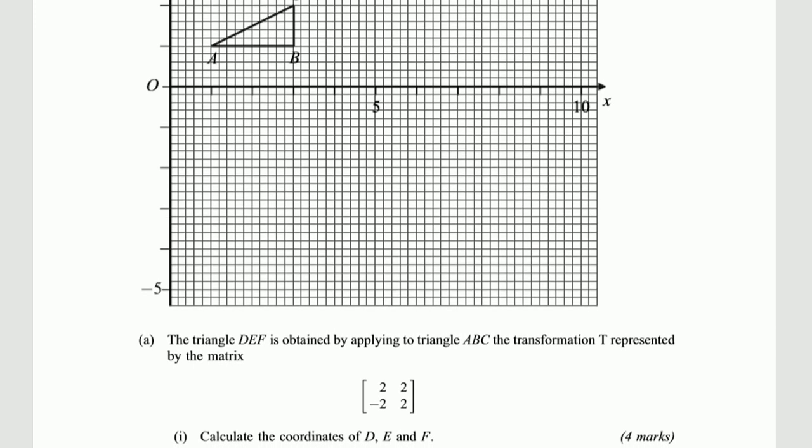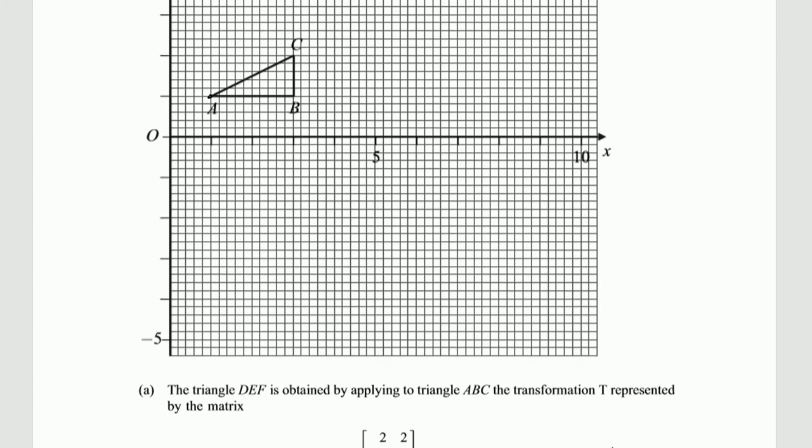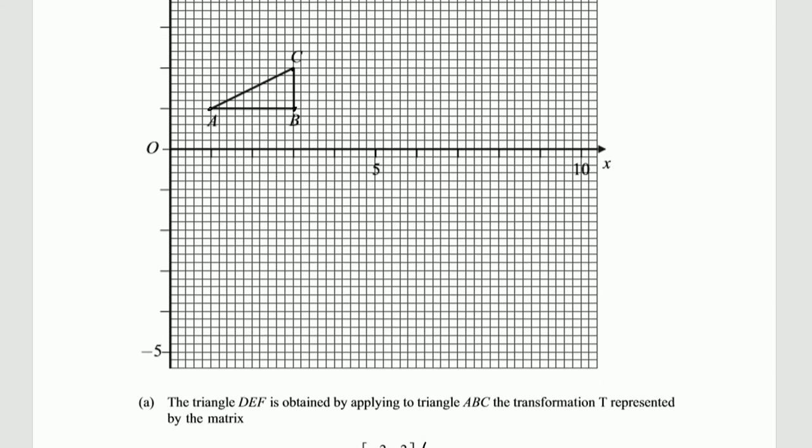Calculate the coordinates of D, E, and F. So, the most efficient way to do this, especially if it's an unfamiliar transformation matrix, as it is here, is to stick together the coordinates of your triangle, A, B, and C, in one big matrix and multiply them all together. So, what I mean by this is I want to do this matrix multiplied by a matrix containing the coordinates of A, B, and C.